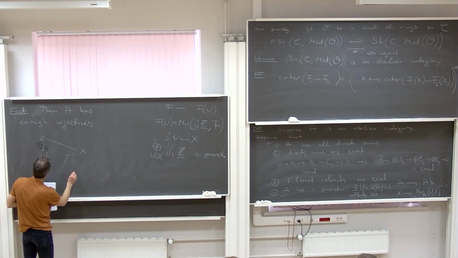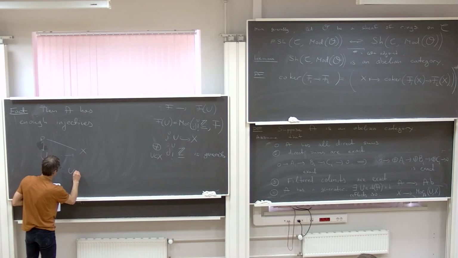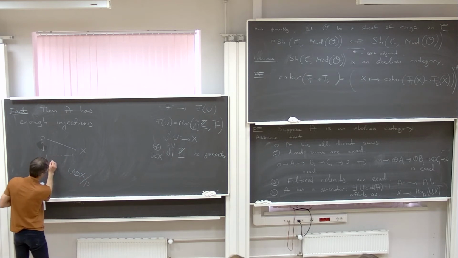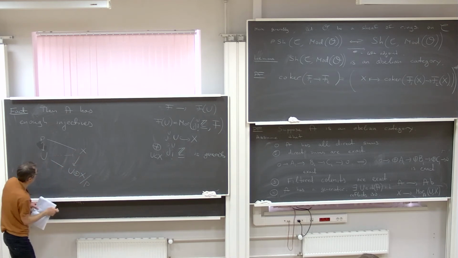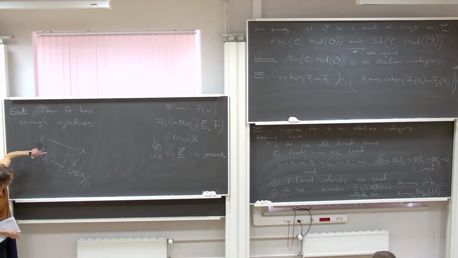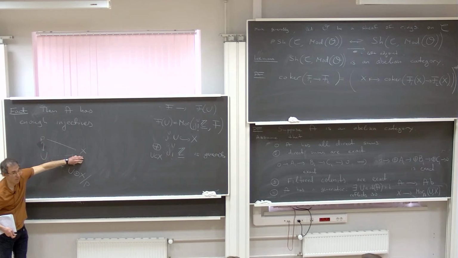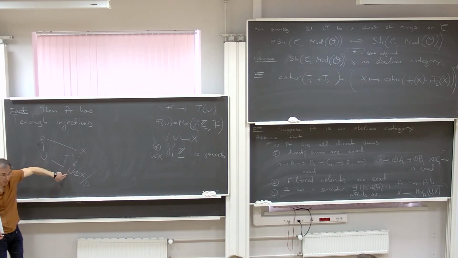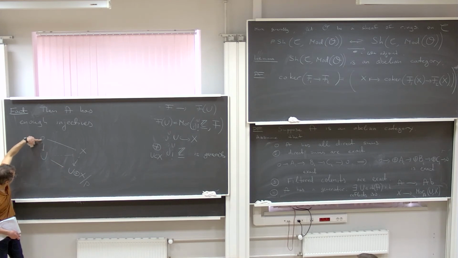It's U plus X modulo P. So you start with X, which does not satisfy this property, and then the idea is that you want to enlarge it. You want to embed X into something bigger, such that the morphism from P to X extends to a morphism from U to this larger object.